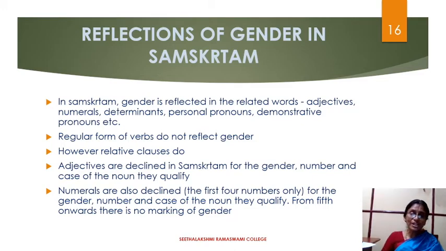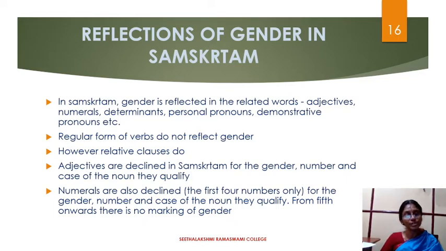Now, taking up adjectives and numerals as the first markers of gender, we will see the nature of adjectives and numerals in Sanskritam first, and then move on to the examples. Adjectives are declined in Sanskritam for the gender, number, and case of the noun they qualify.